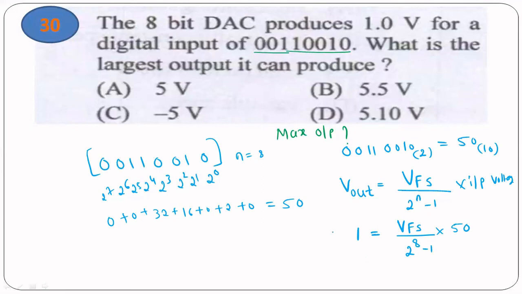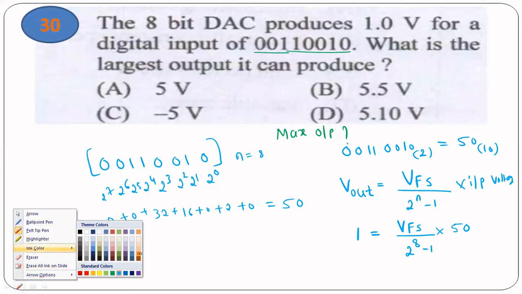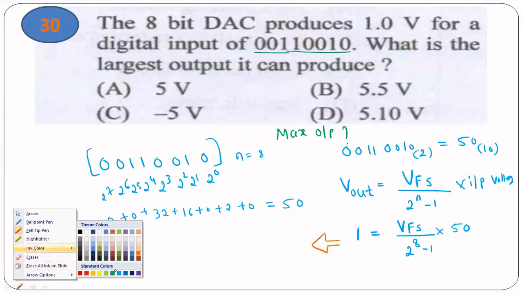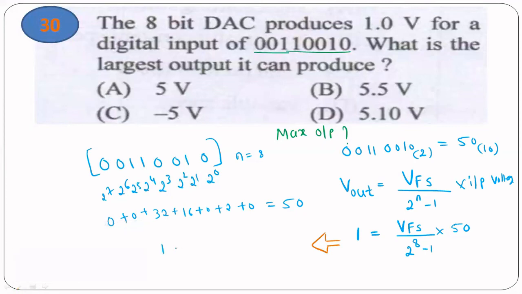So the solution for this we can obtain as 1 is equal to VFS divided by 2 to the power 8, which is 256. 256 minus 1 is 255, into 50.